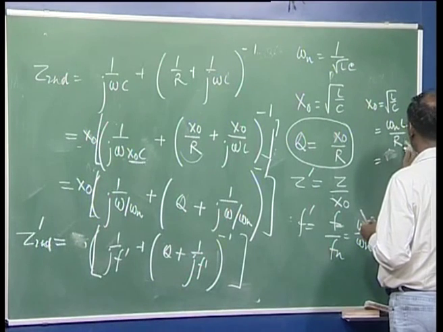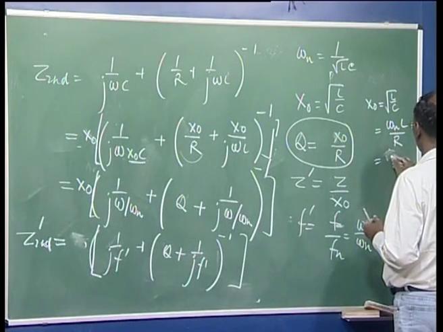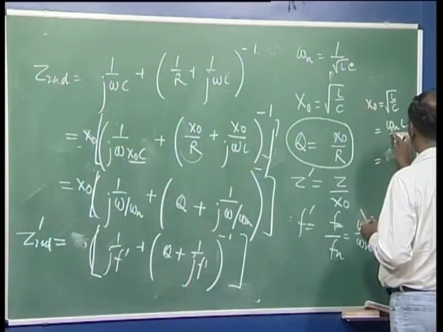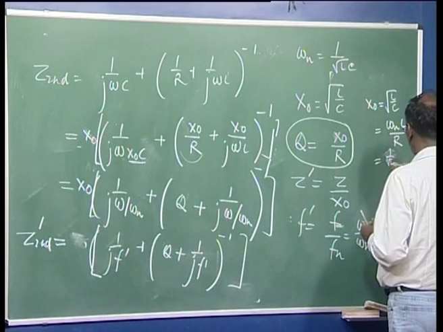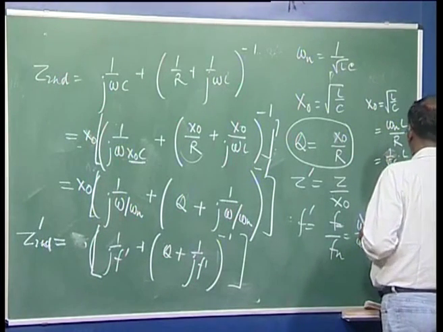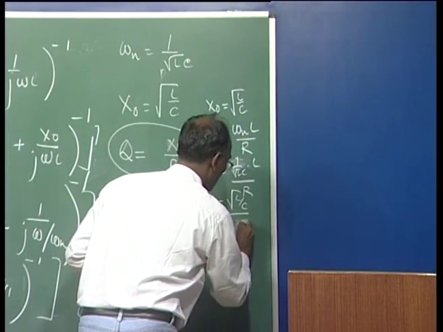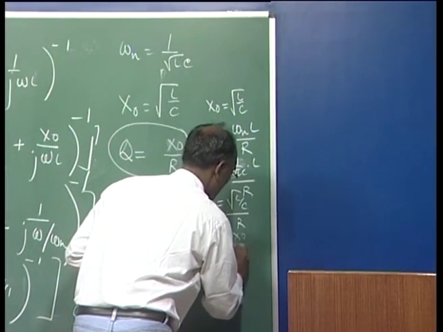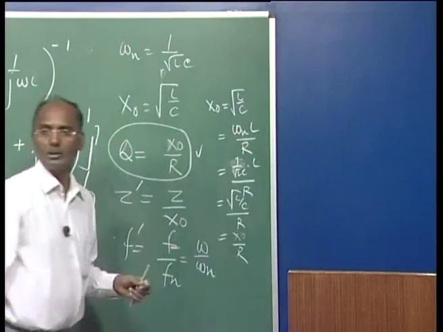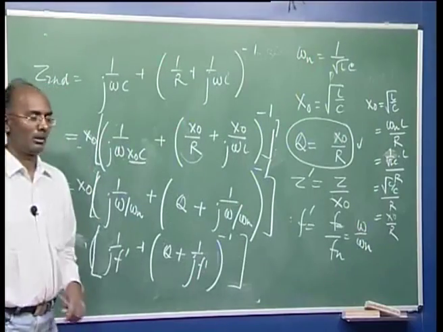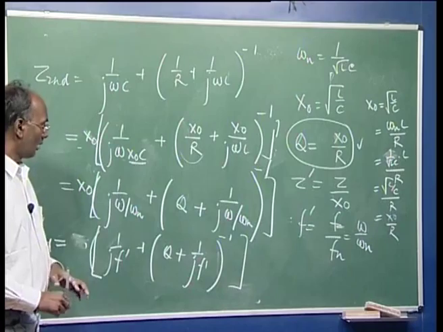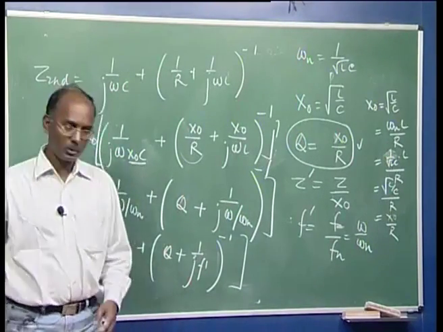So, this omega n is 1 over root L C into L divided by R, meaning it is L upon C divided by R, meaning X naught upon R. No, it is correct. This is correct. It means the expression which I wrote is not correct.